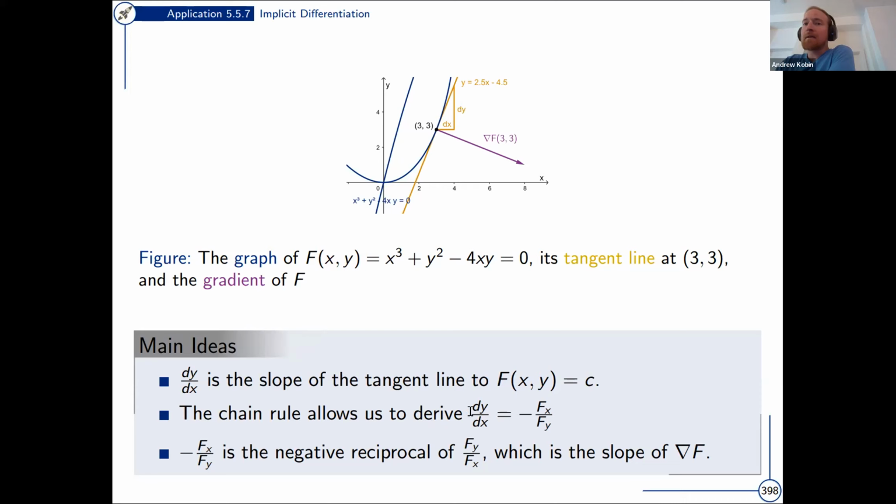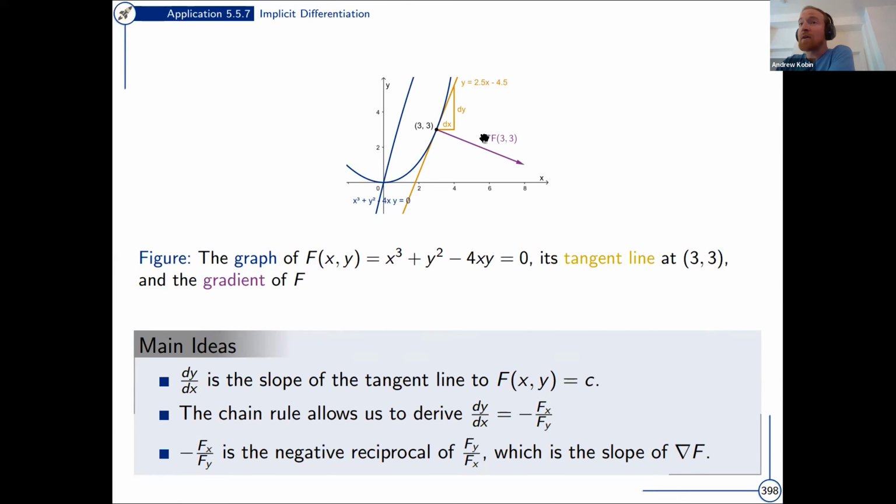Keep in mind that the slope we just worked out was negative fx over fy. So it's negative change in x over change in y, where the changes are of that function f. And if you think about it, this is just the negative reciprocal of fy over fx, which is precisely the slope of, or the direction of the vector nabla f, that gradient vector.